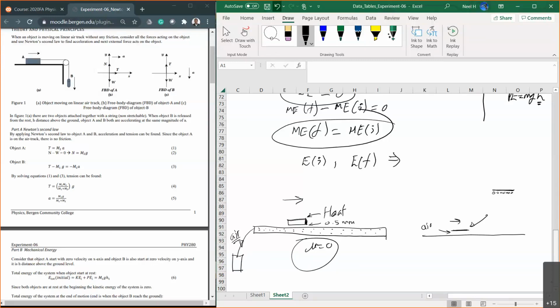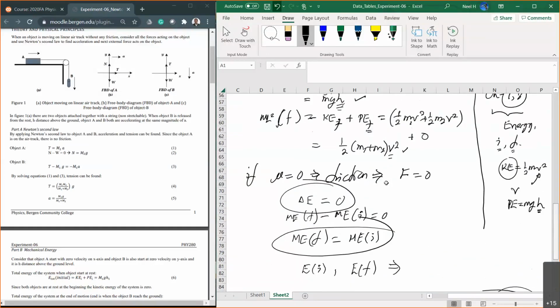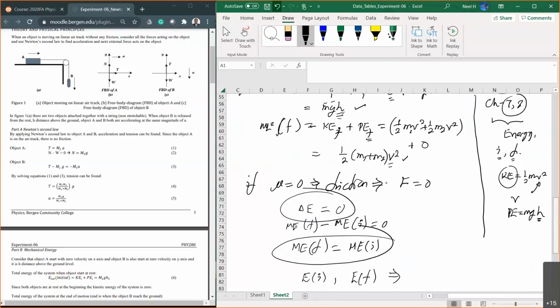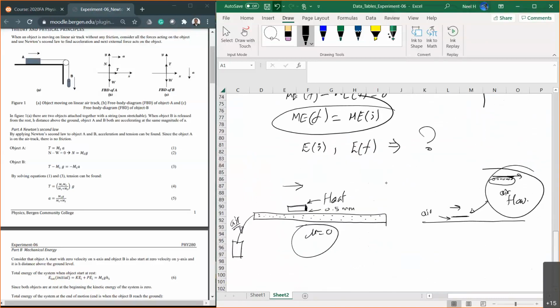Because of that, when the cart tries to move, there's going to be a small friction between the airflow and the cart. That is still possible. So even if I assume there's no surface to surface touch, my energy may not be perfectly conserved in this situation. The reason is there may be some friction due to airflow, called fluid friction.